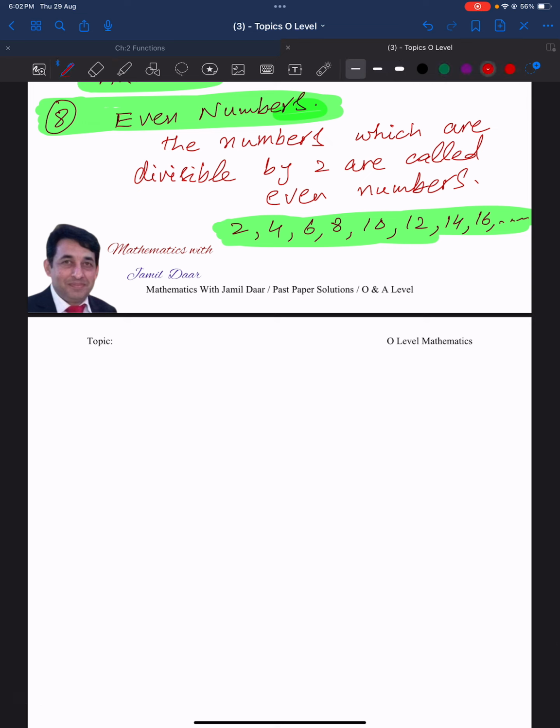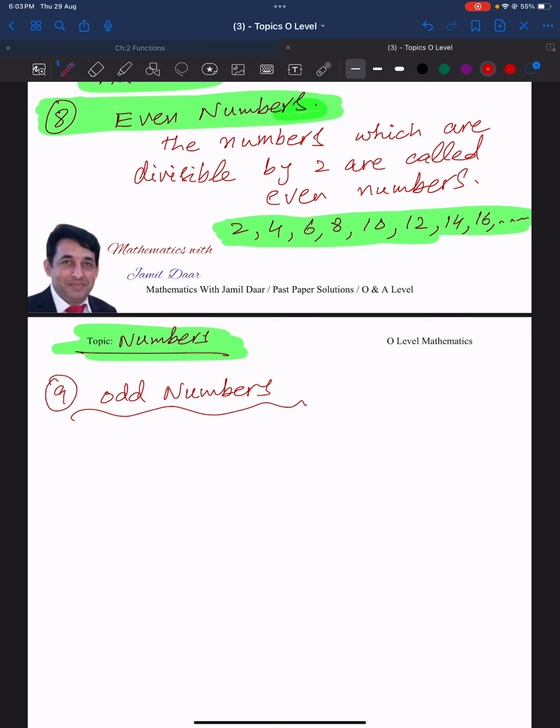Next is odd numbers. Okay, odd numbers are the numbers which are not divisible by 2, which don't come in the timetable of 2.